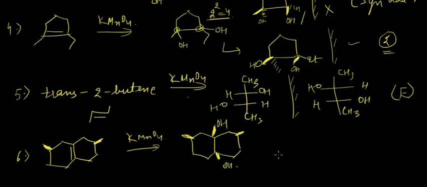Does this compound have a plane of symmetry? Yes, it does. So is it a meso compound? If we consider this as the plane of symmetry, then obviously yes, it is a plane of symmetry.